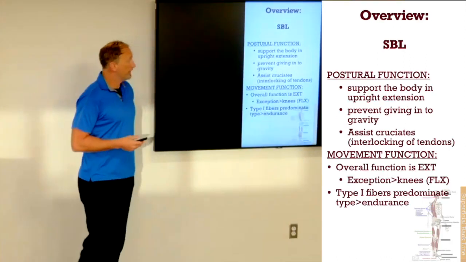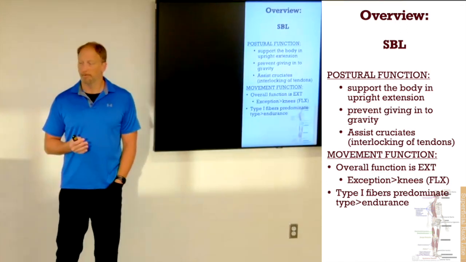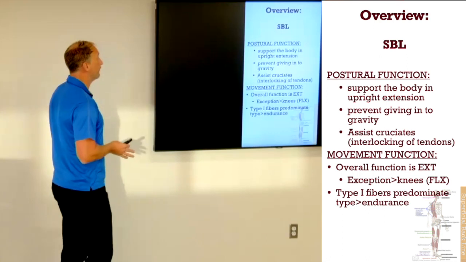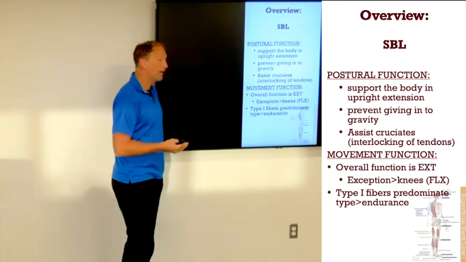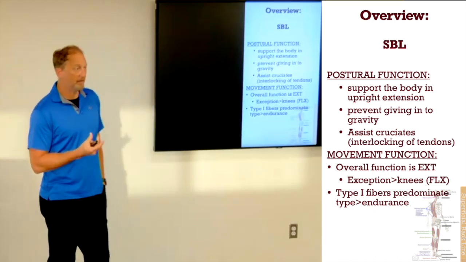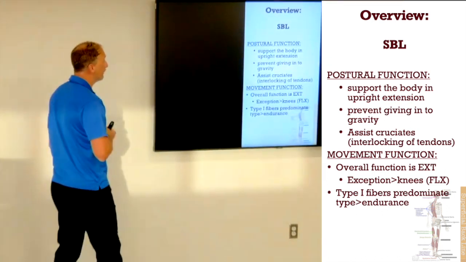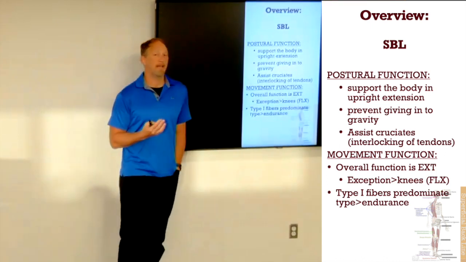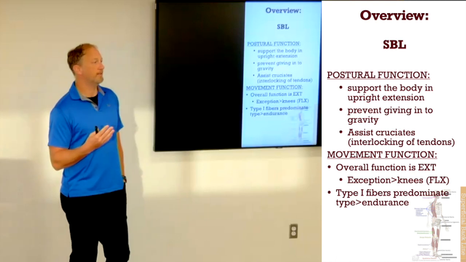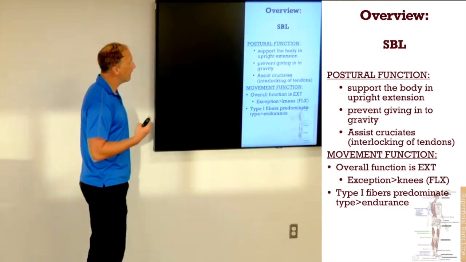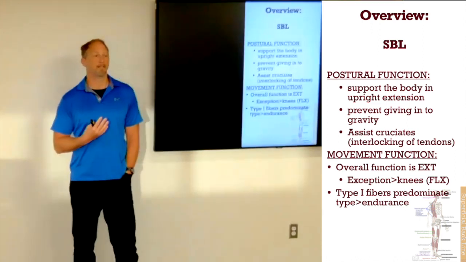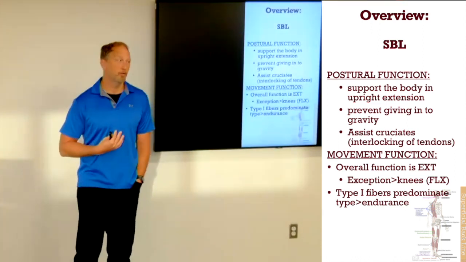So from a postural standpoint, the entire function of the superficial back line is to not give in to gravity, to basically hold us in upright extension. At the knee, the superficial back line has a supportive role when it comes to assisting the ACL and the PCL. How the hamstring tendons and how the gastroc tendons interlock at the knee, especially when the knee's in extension, provides a lot of anterior-posterior support to that knee.